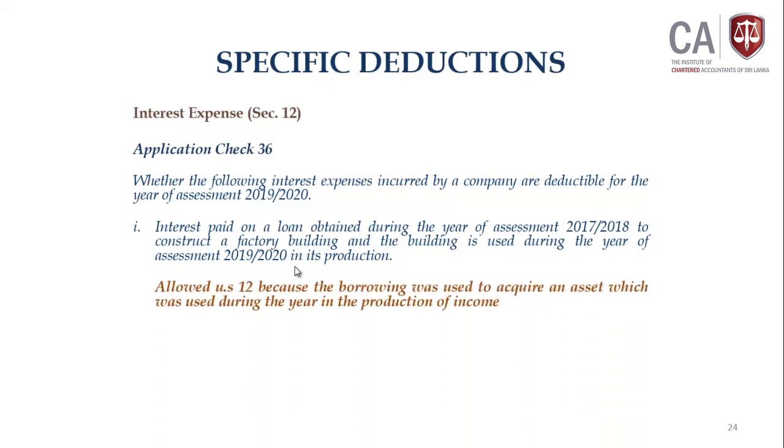It is very clear, you can allow under section 12. Why? Because the borrowing is used to acquire the asset in 2017/18, and the asset is put into use during 2019/20 in the production of income. So, the asset is in usable condition and it is used for business purposes. The relevant interest will be deductible for tax.